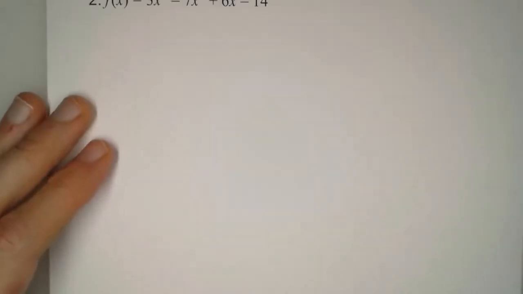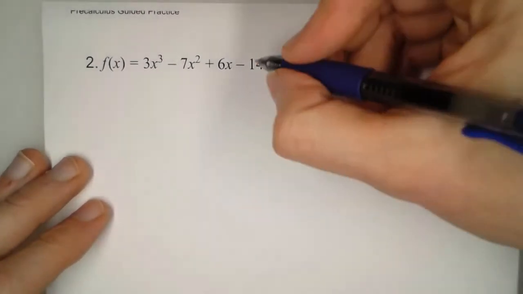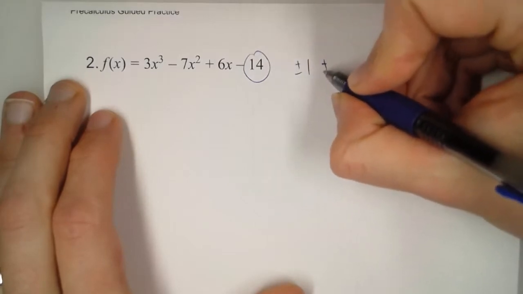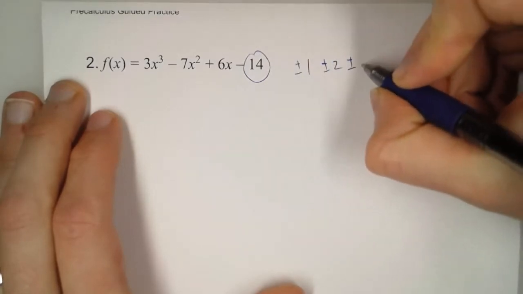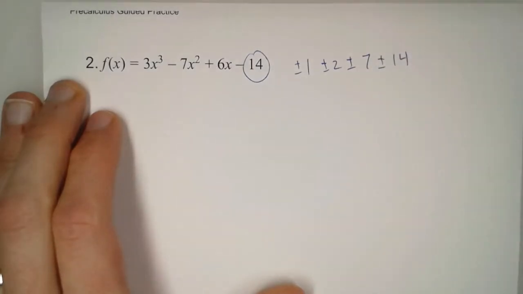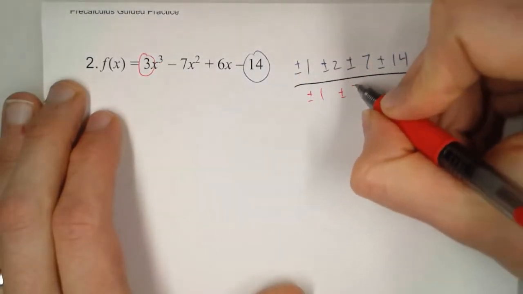So let's go on to the next one. Here we want all the factors of 14. So plus or minus 1, plus or minus 2, plus or minus 7, plus or minus 14. Then on the bottom, plus or minus 1, plus or minus 3.